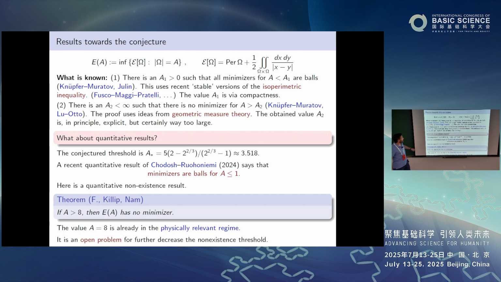There are two results, 1 and 2, that go in the two directions, and they start with "there exists." The one result is when A is very small, then you are a ball. That can be shown.